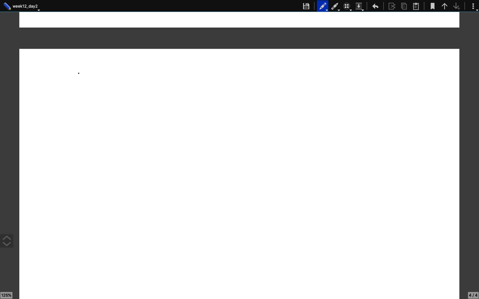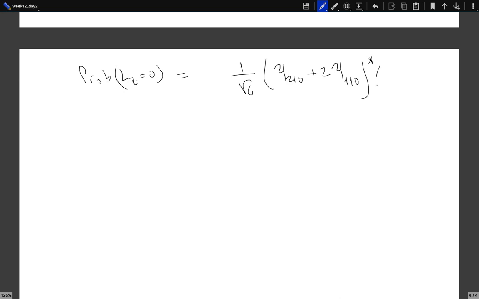Let's see. So the probability of Lz equal to 0 is equal to, you are probably saying that, well, the superposed wave is this one: 2, 1, 0 plus twice 1, 1, 0. Take its complex conjugate. 1 over square root of 6, 2, 1, 0, psi 1, 1, 0.